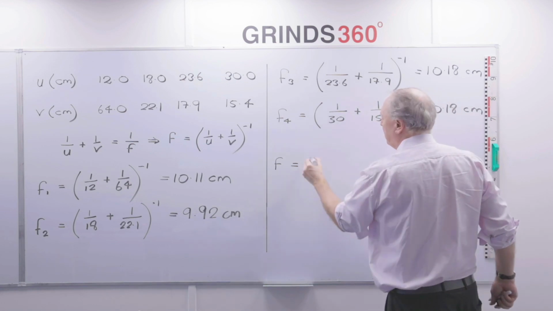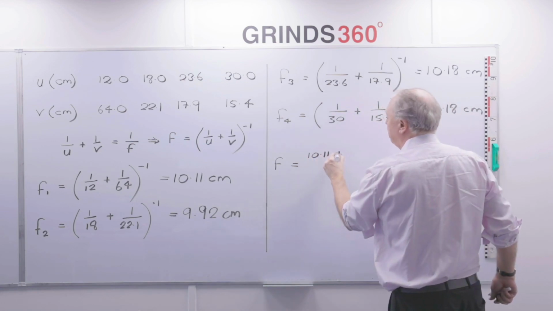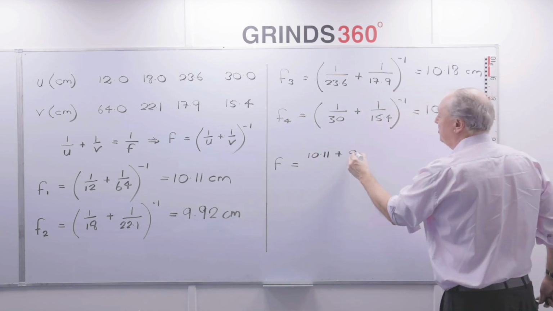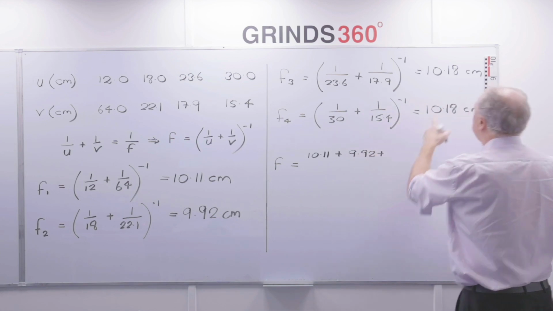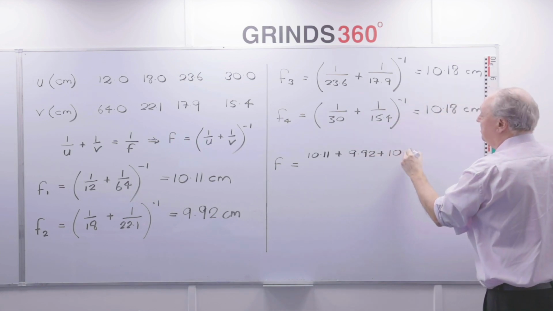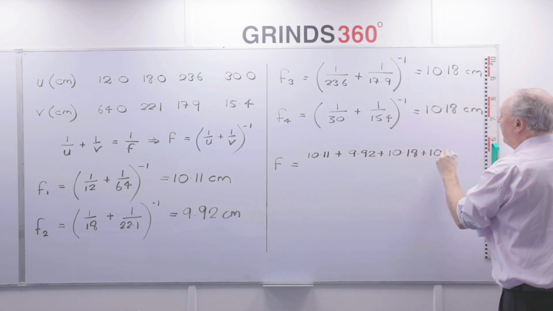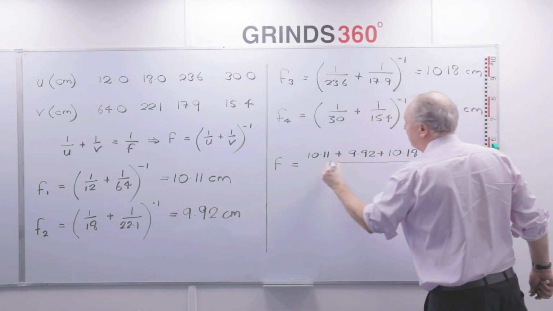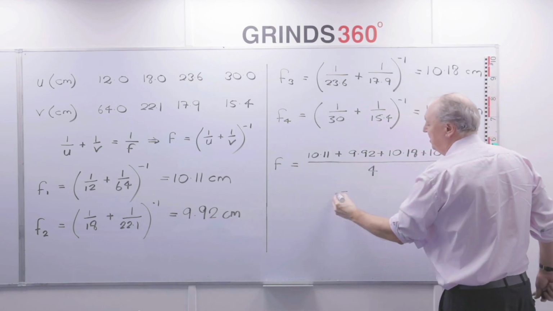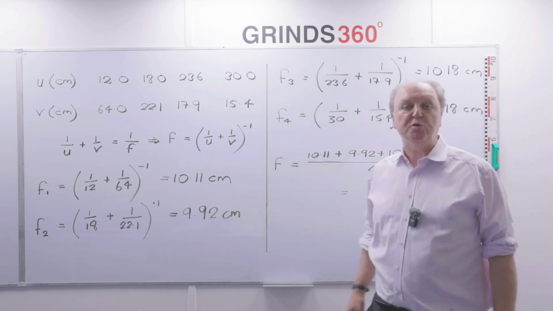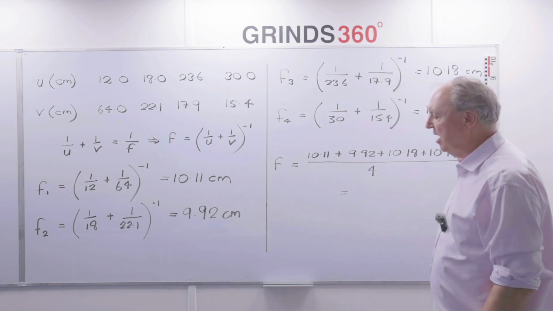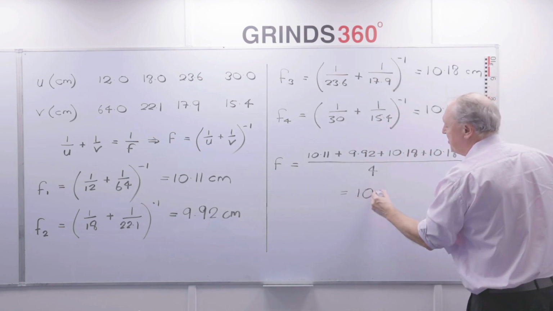You're going to add together your 10.11 plus 9.92 plus 10.18 plus 10.18. You divide that by 4 for the 4 values, and I will get an average value. You can go to 1 decimal place now of 10.1 centimeters.